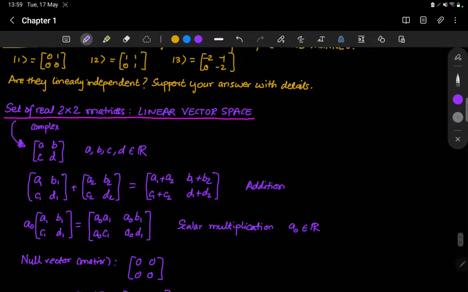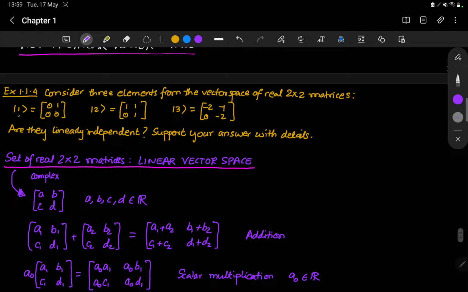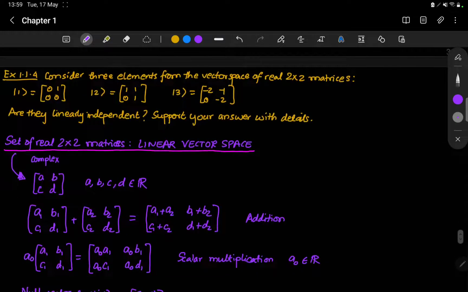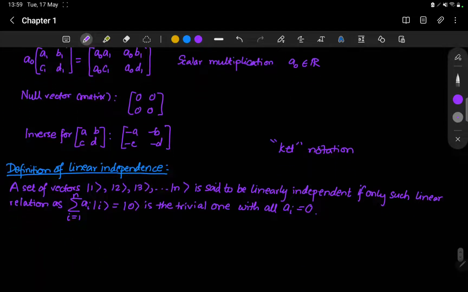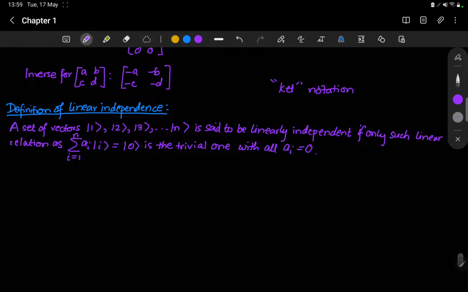So even if we are considering matrices over here, even if it is a matrix, it is being denoted in this ket notation as a vector. So coming to this linear independence, if all these coefficients in this linear combination are 0, then we say that the vectors are linearly independent.